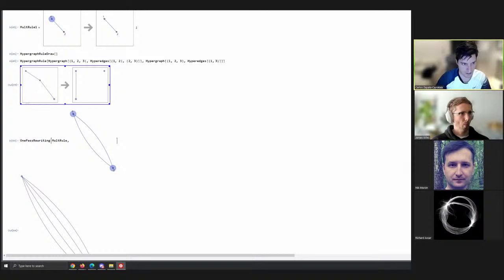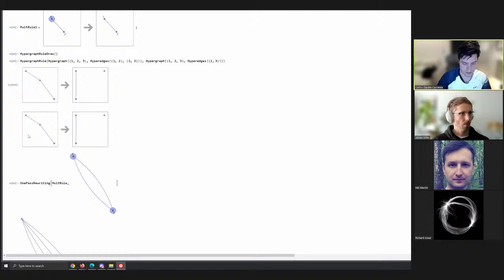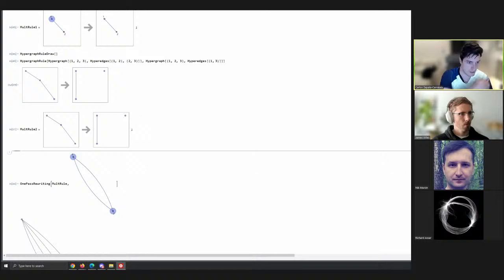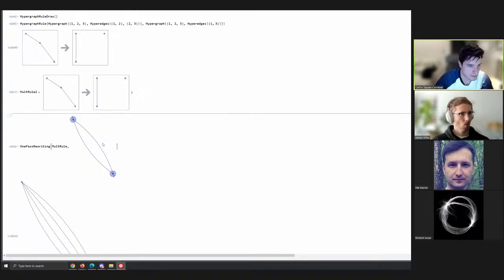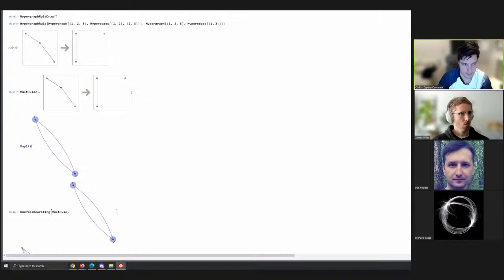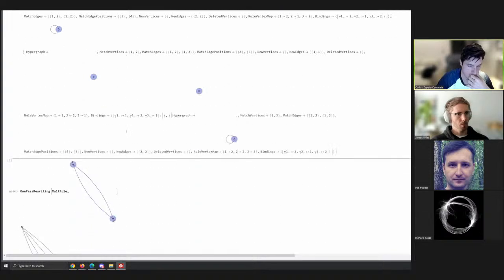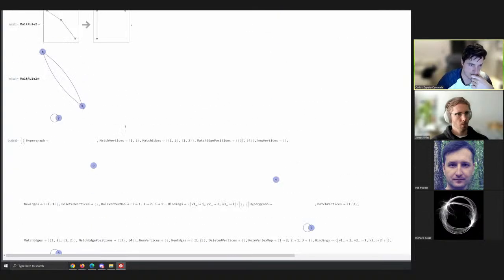Because if I call this, I mean, we might need labels to make this work. But this doesn't. Oh, wait, it does. It does match.